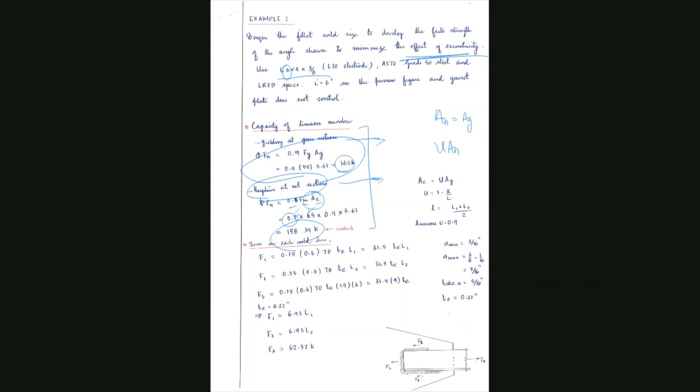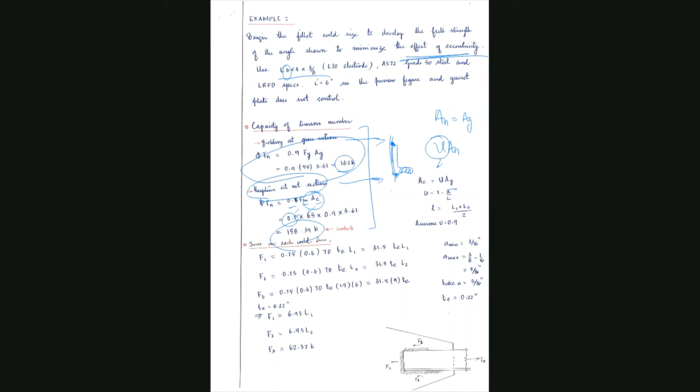So the net area equals the gross area, but you still have a problem with U, the shear lag factor, if you remember, because your cross section looks like this. You're putting welds here and here. You see that this leg is not connected, only this leg is connected.